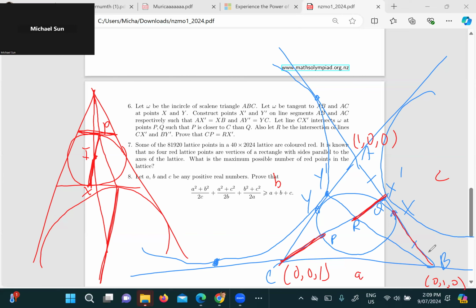AX prime. But it's also what? Touch point to B. We actually know the value of the length. Yeah, and that will help to find the coordinates. What is the value? You don't know the value?